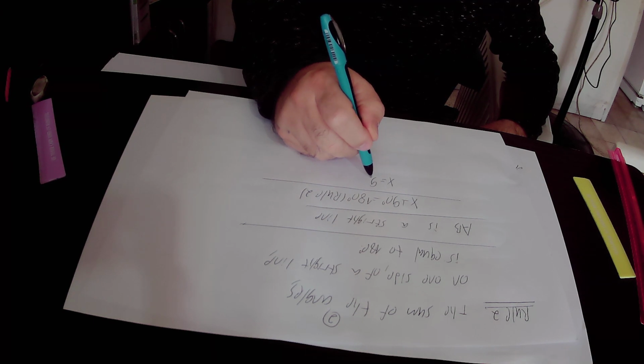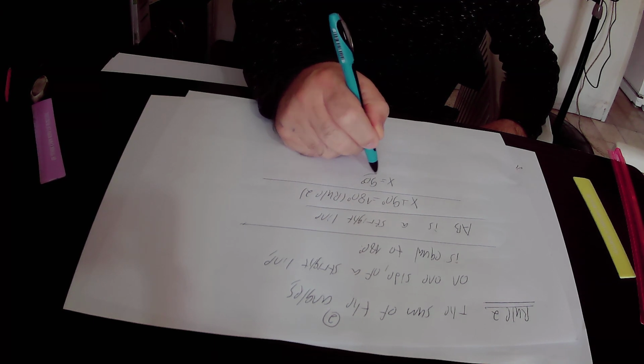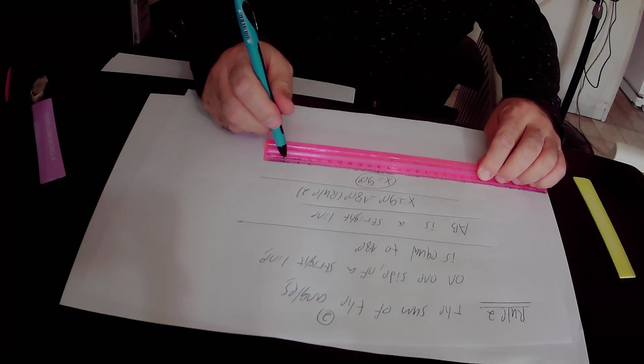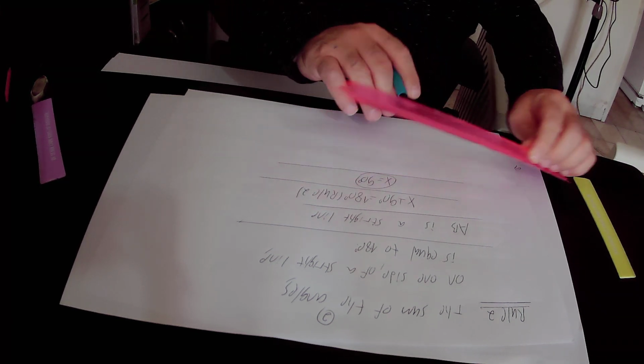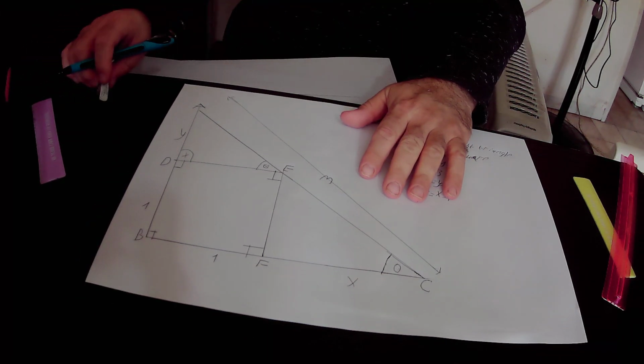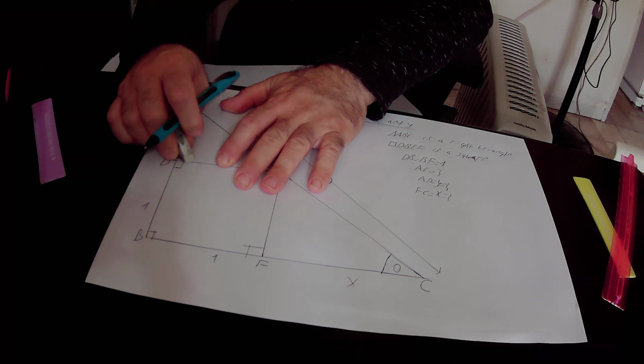That is to say, angle x equals 90 degrees. So we found out that angle x is a right angle, that is to say, it equals 90 degrees. So we substitute angle x by a right angle.